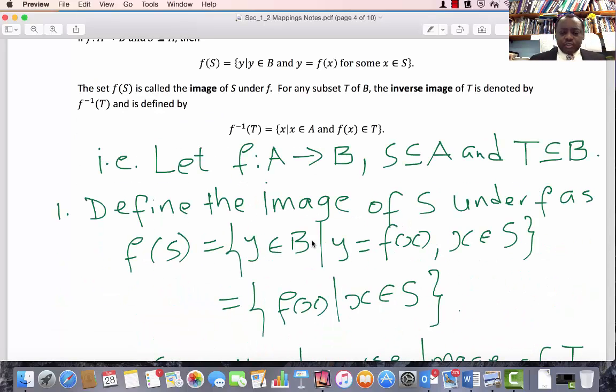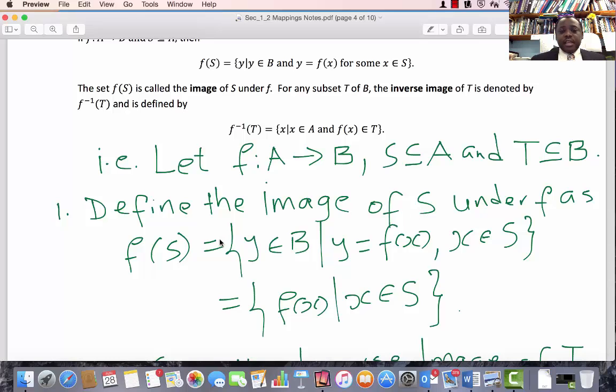Now let's break that down some more. Let f be a mapping from A to B, where A and B are not empty, of course, and let S be a subset of A, and let T be a subset of B. I'm going to give you two definitions here.